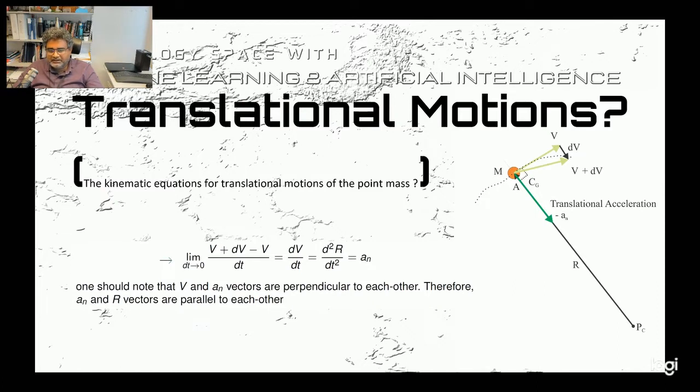You should note that the velocity vector v and the translational acceleration vector an are perpendicular to each other. Therefore, the translational acceleration vector an and the displacement vector r are parallel to each other.